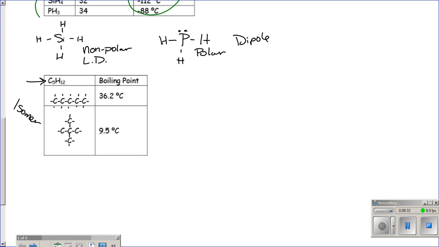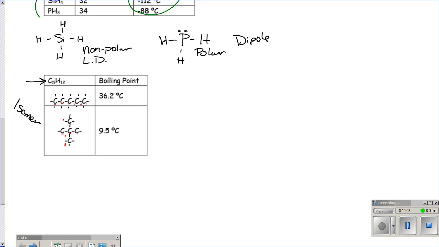So clearly what we can see here is that this isomer, where we have a shorter chain of 3 carbons alone, right? This is 3 in this direction, 3 in this direction, versus a chain of 5 carbons straight. The chain that has the straight carbons has a much higher boiling point than the chain that only has 3 carbons.